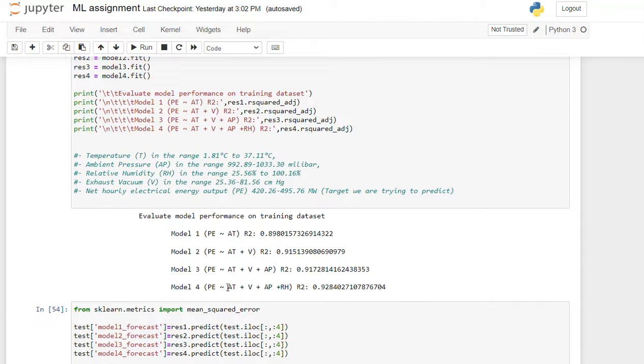Whereas the last model, which is using all four of these features, has the highest accuracy, which is 92.8, almost 3%. So it essentially means that the linear model is able to explain 92.8 or 93% of variation in power output using these four features.